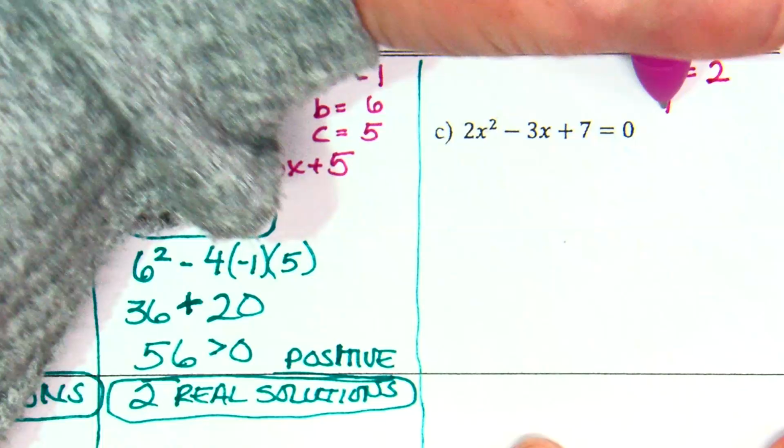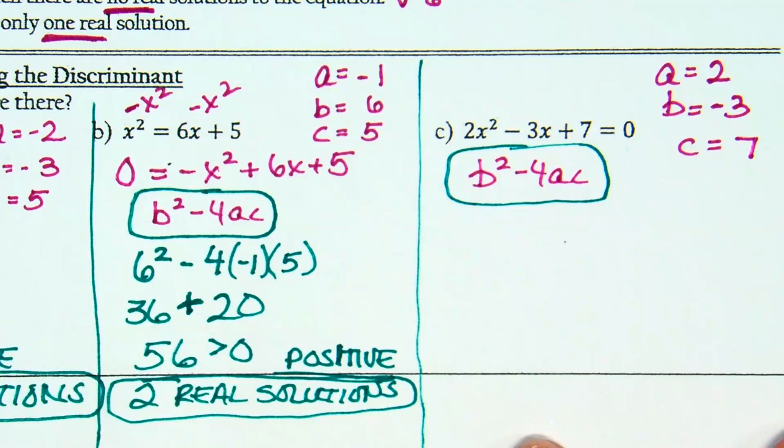Okay, B squared minus 4AC again. What is B? Negative 3. So negative 3 squared minus 4 times 2 times 7. What is negative 3 squared? Positive 9.